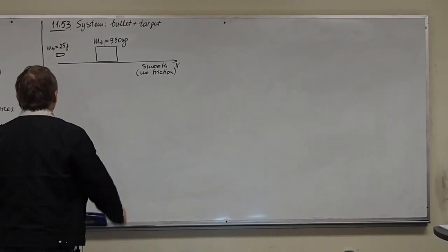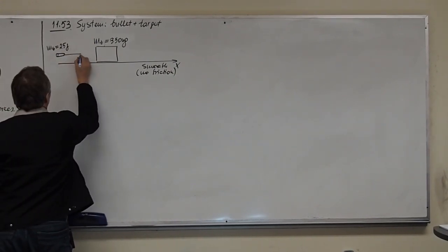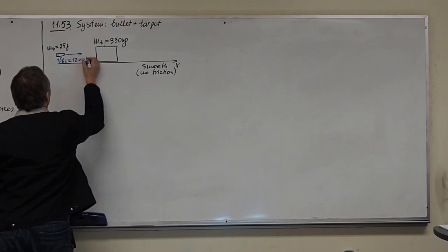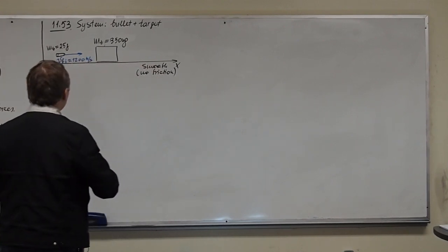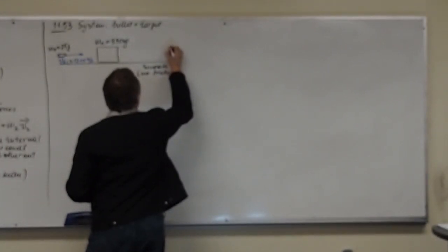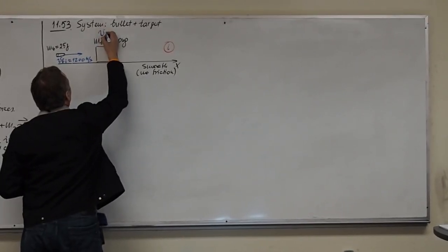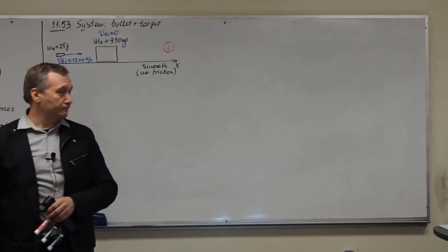And the initial velocity of the bullet is given, 1200 meters per second. So it's fast. So that is our initial situation. And of course, the initial velocity of the target is 0, so the target is at rest.